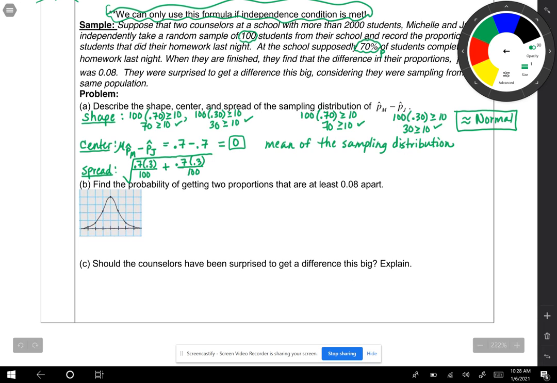Maybe in your homework you will have different values. So you do the math, and the stuff inside happened to be 0.0042, and then you want to take the square root of it, you get 0.0648, and that is our standard deviation of their difference of the sampling distribution.